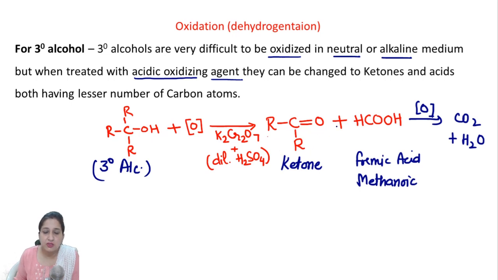Okay, first we will get a ketone with 1 carbon less than that of the starting alcohol, as well as an acid which on further oxidation can release carbon dioxide as well as water. So this is all about the chemical properties of alcohols. Thank you beta.